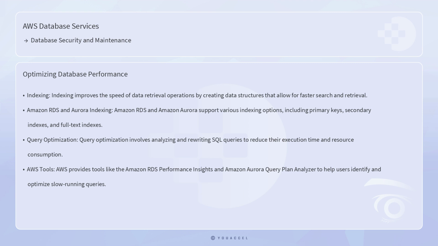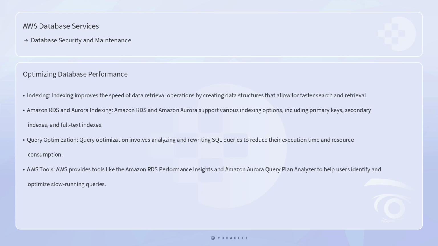Optimizing database performance involves several best practices, such as indexing, query optimization, and monitoring resource utilization. Indexing is a technique used to improve the speed of data retrieval operations by creating data structures that allow for faster search and retrieval. Amazon RDS and Amazon Aurora support various indexing options, including primary keys, secondary indexes, and full-text indexes.